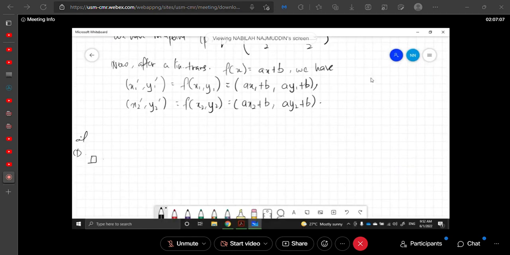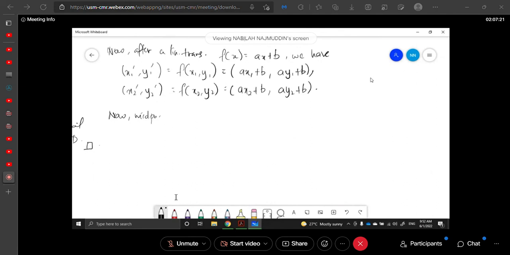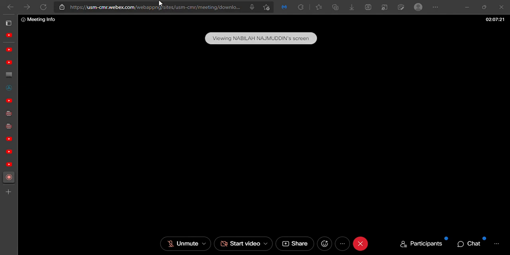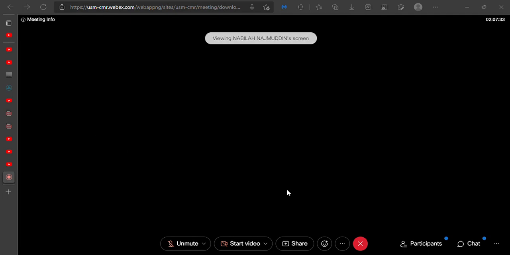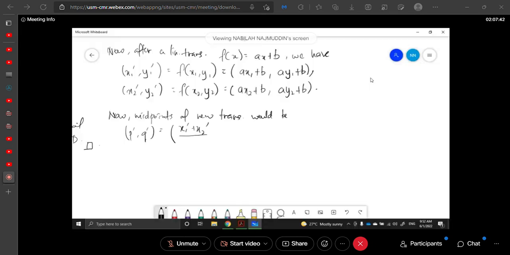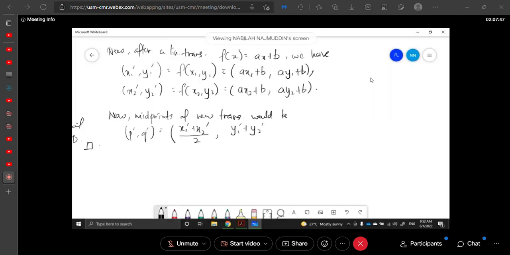Then we have, if we transform the midpoint also. Now what is the midpoint of this? Now the midpoint of the new transformation would be P prime, Q prime, x1 prime plus x2 prime over 2, and then y1 prime plus y2 prime over 2.